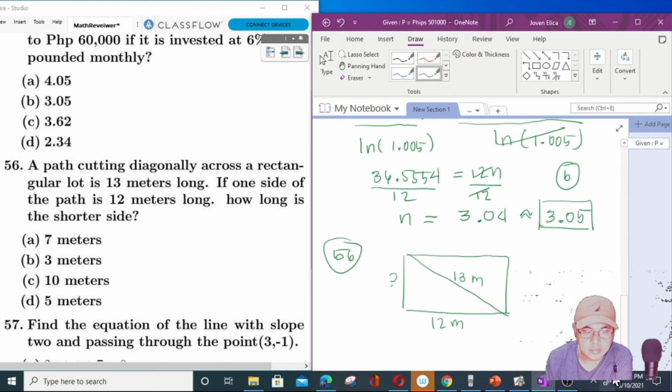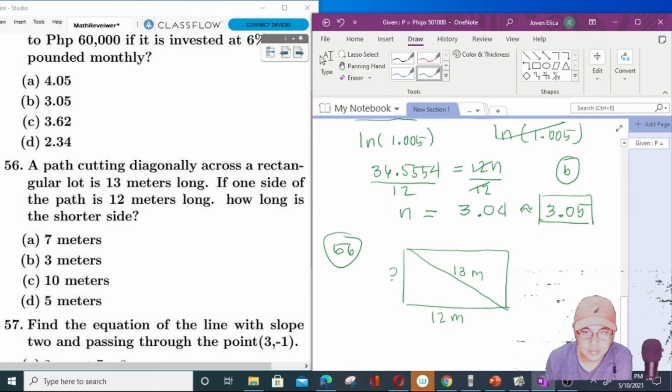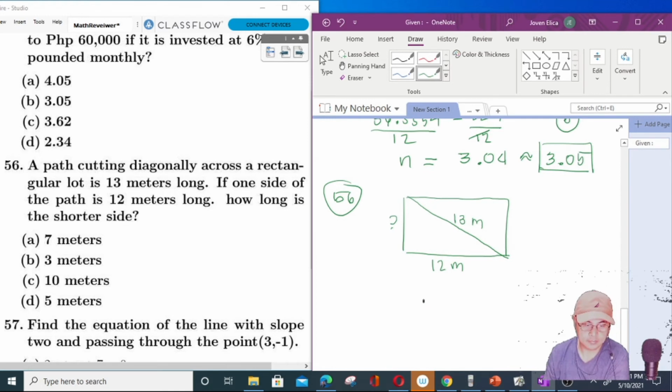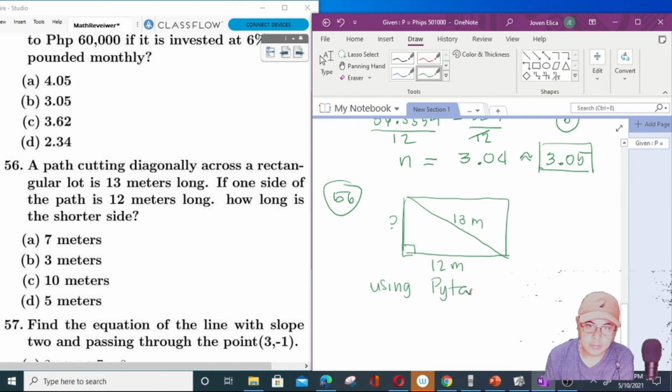So by considering this triangle, this is a right triangle, we use the Pythagorean theorem.